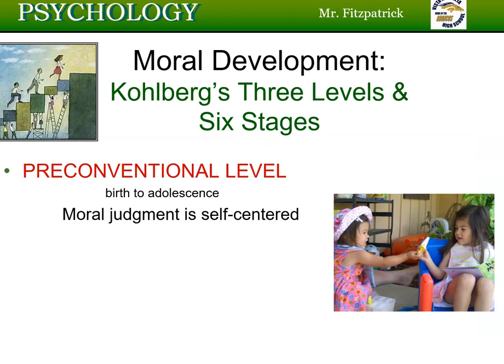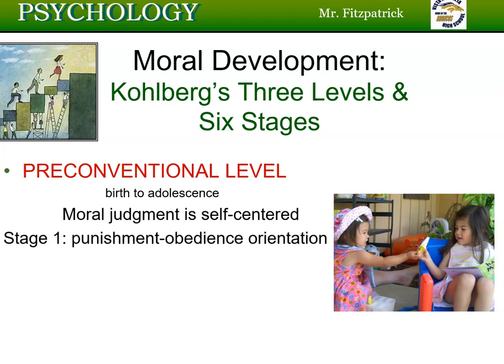In the pre-conventional stage, which goes from birth to adolescence, moral judgment is self-centered. What is right is what you can get away with. So moral understanding is based on rewards and punishments and exchanges of favors. In the pre-conventional level, the first stage is punishment obedience stage.